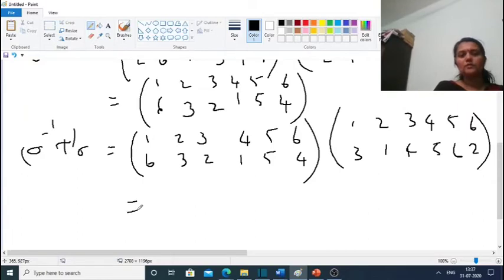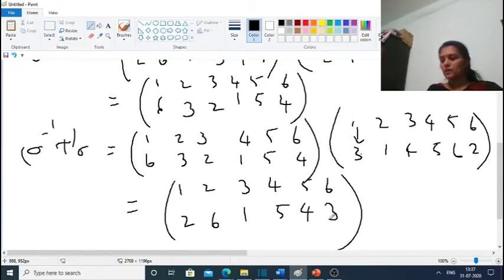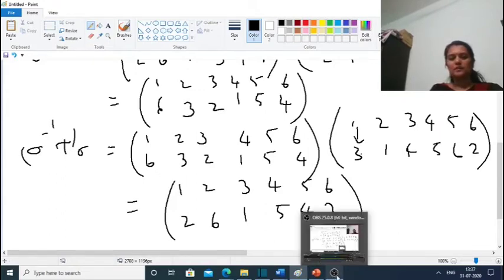Now we write the first row 1 2 3 4 5 6. 1 goes to 3, 3 goes to 2, 2 goes to 1, 1 goes to 6, 3 goes to 4, 4 goes to 1, 4 goes to 5, 5 goes to 6, 6 goes to 4, 6 goes to 2, 2 goes to 3. So (1 2 3 4 5 6 / 2 6 1 5 4 3) is the answer.